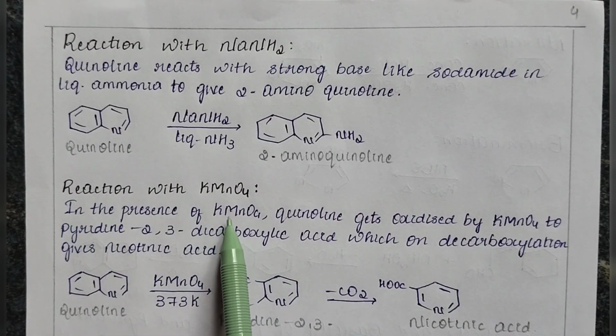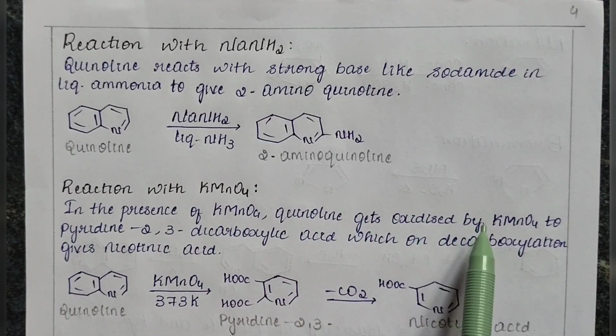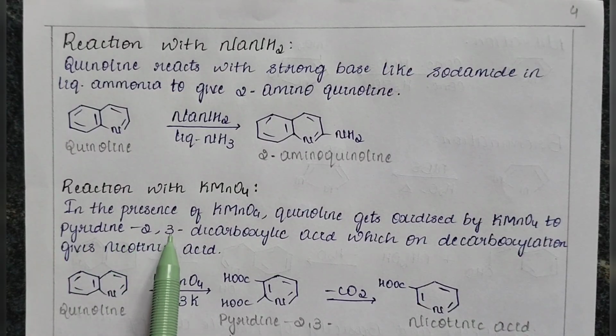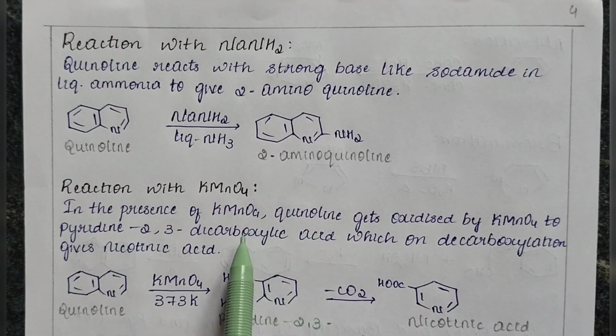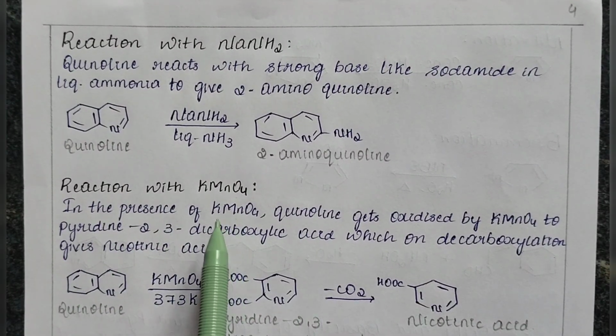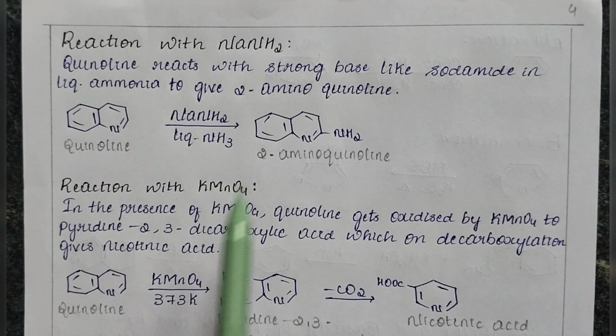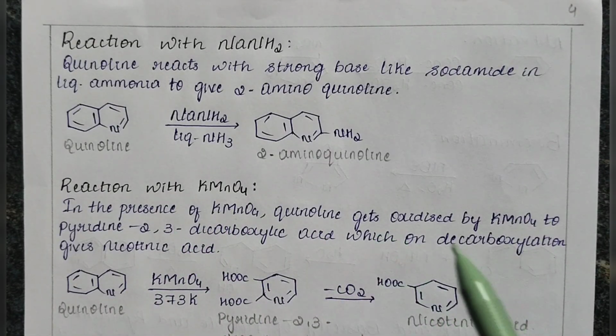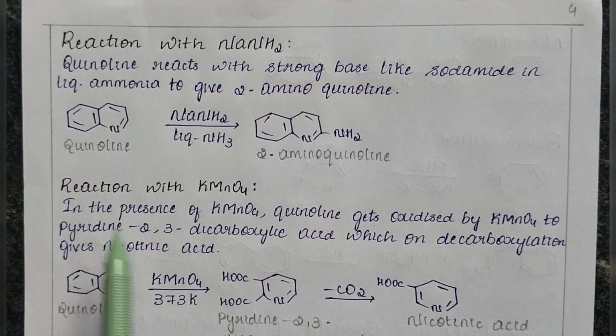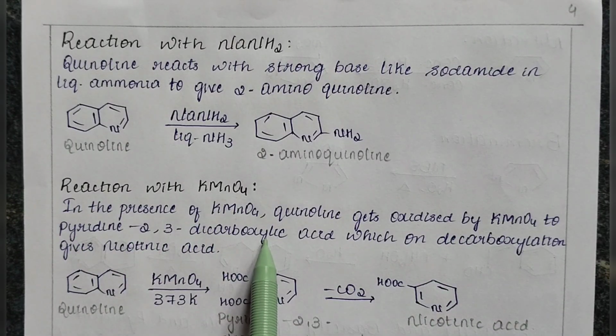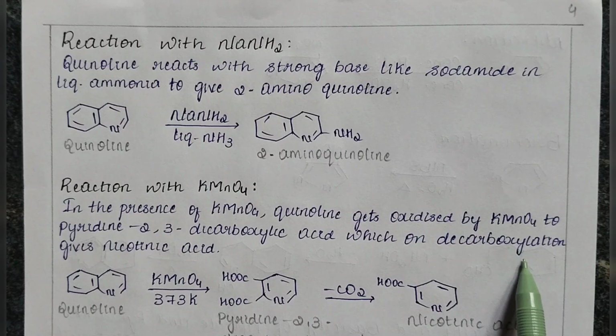In presence of KMnO4, quinoline gets oxidized to pyridine-2,3-dicarboxylic acid, as potassium permanganate, that is KMnO4, is a very good oxidizing agent. It will make the quinoline undergo oxidation to form pyridine-2,3-dicarboxylic acid, which on decarboxylation gives nicotinic acid.